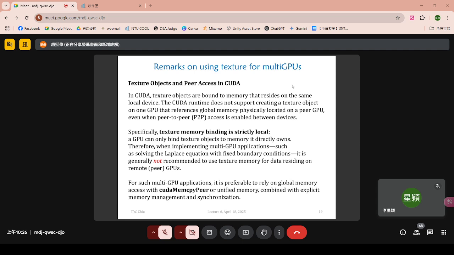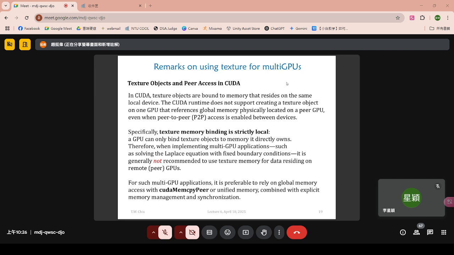But for one GPU, for the Laplace equation, when you access the neighbors, it is more efficient to read them through the texture, because with just one GPU all the data is in local memory and can be read through the texture cache.